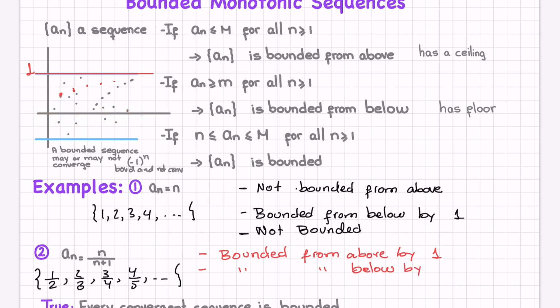Okay, that is called the largest lower bound: one-half. So because it's bounded from above and it's bounded from below, this sequence is indeed bounded.